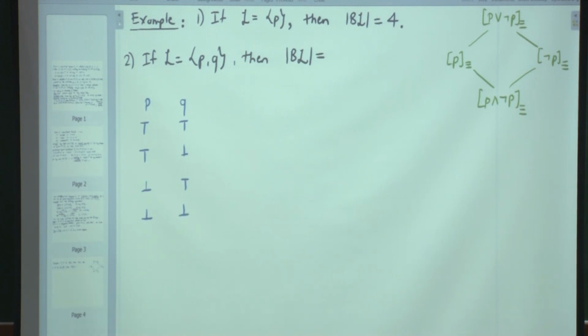But, okay, so tell me, if I have conjunction of P and negation P, what will be its column? The column is entirely false. Then, how many truths can there be in a column?